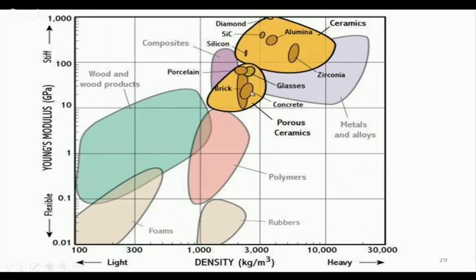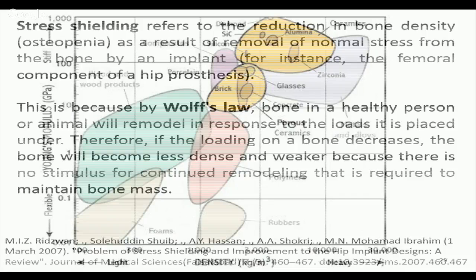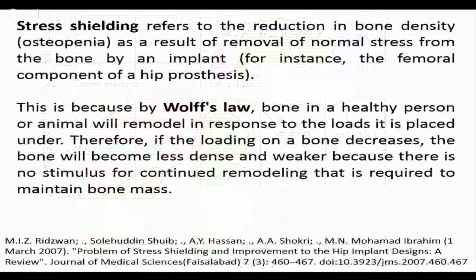But we will see later on that the synthetic materials, specifically ceramics and metals, have much higher strength and modulus than the native tissues. And eventually, as you know, stress shielding is the major key issue, which refers to the reduction in bone density or osteopenia as a result of removal of normal stress from the bone by an implant, for instance, the femoral component of the hip prosthesis.